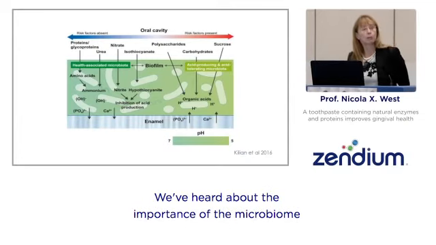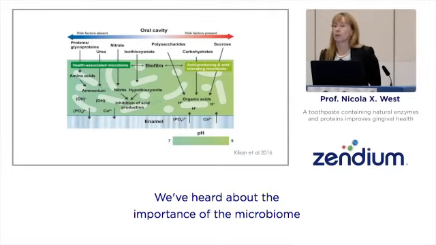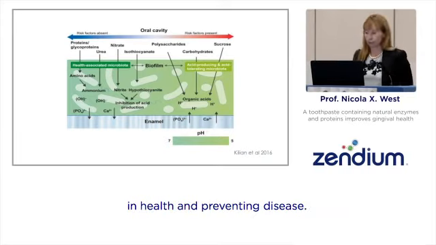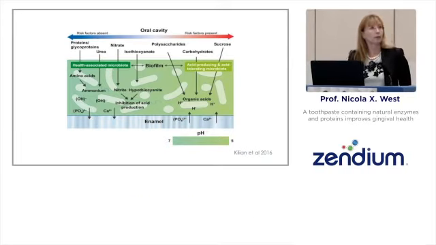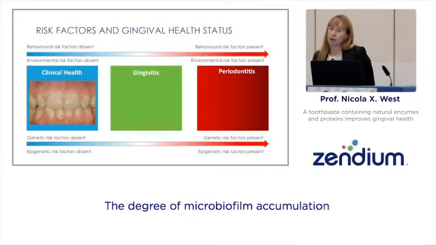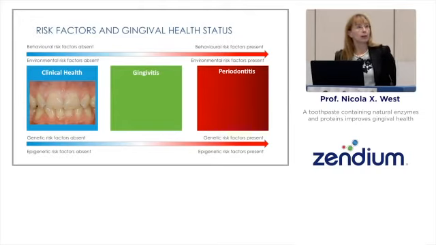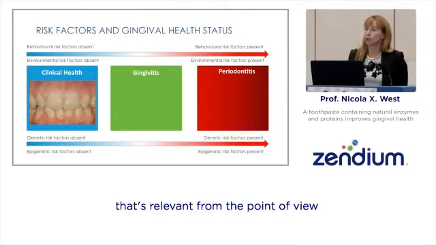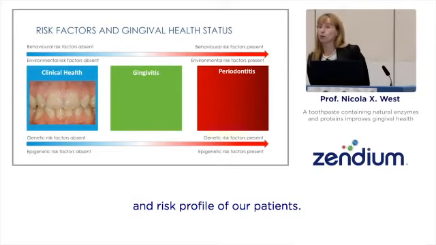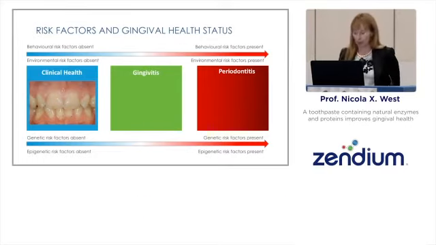And we've heard about the importance of the microbiome in health and preventing disease. The degree of microbiofilm accumulation that's relevant from the point of view of developing periodontitis depends on the risk factors and risk profile of our patients.